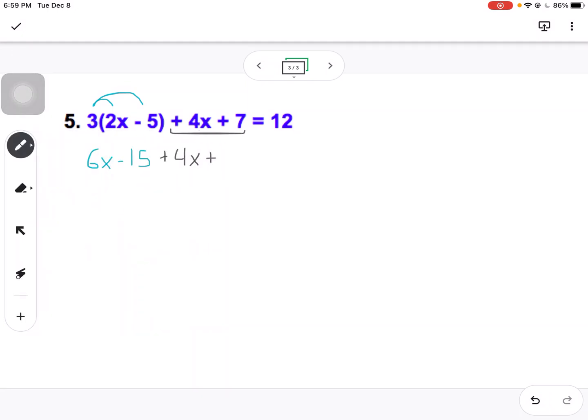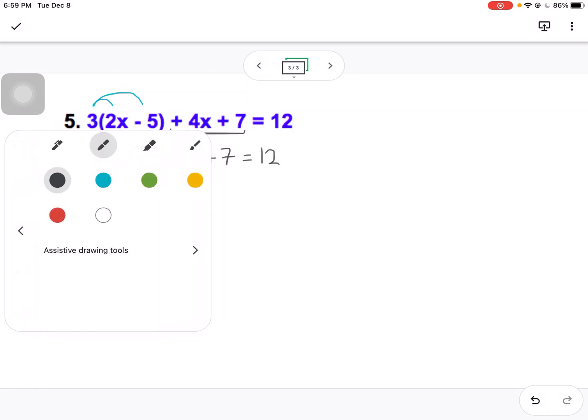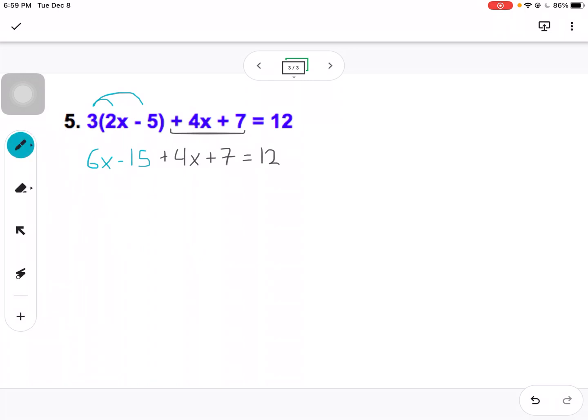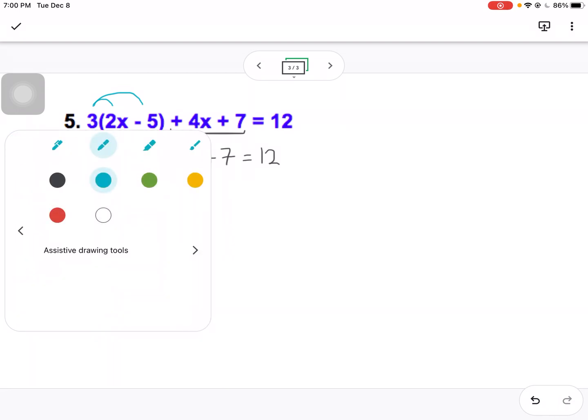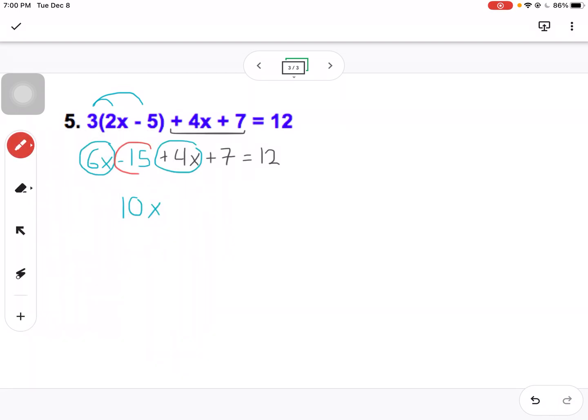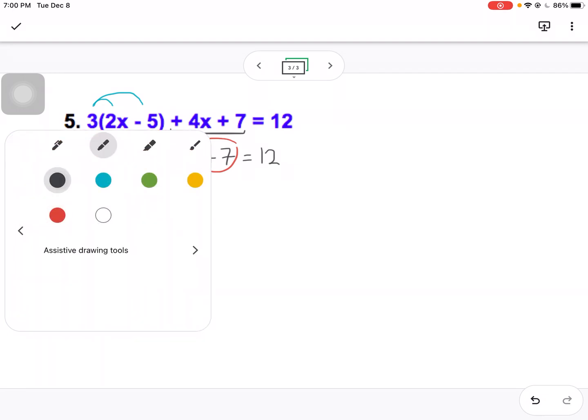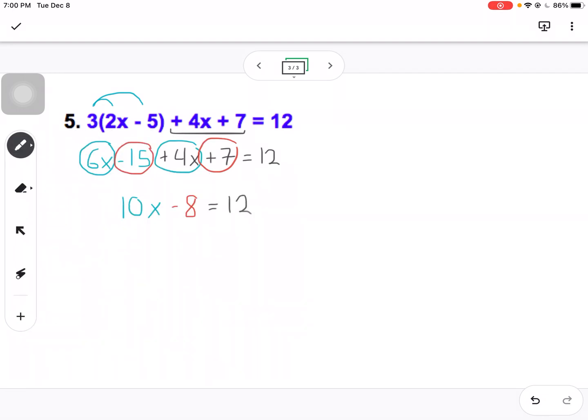Plus 4x plus 7 equals 12. Then I can combine like terms. I have 6x and positive 4x. That will give me positive 10x. I have -15 and positive 7. -15 plus 7 is -8 equals 12.